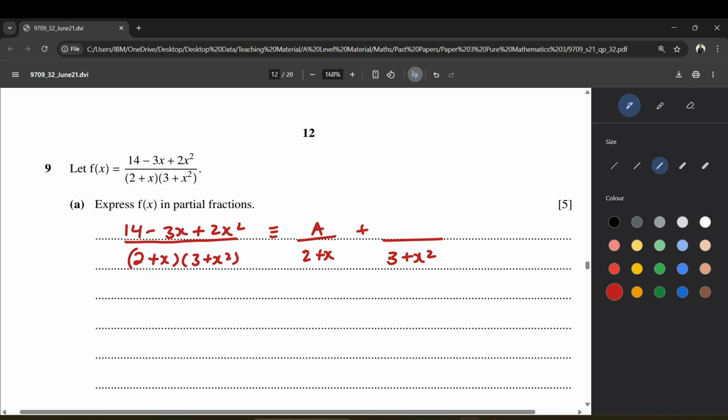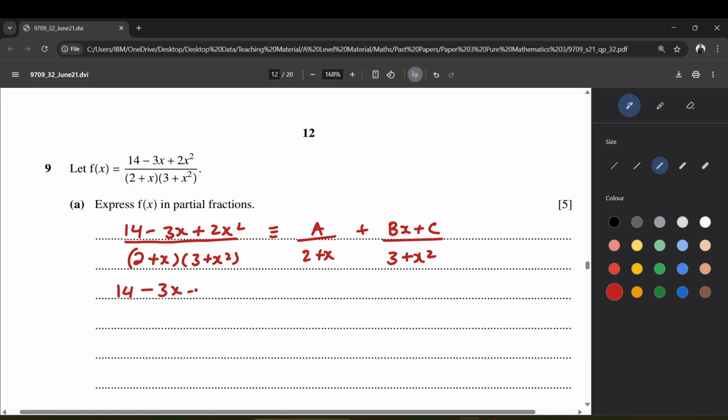So if the denominator is a quadratic factor, that means that my numerator will be in a linear form. So that will be bx plus c. Okay, now we will multiply both sides by 2 plus x times 3 plus x squared. So this whole expression will multiply both sides.